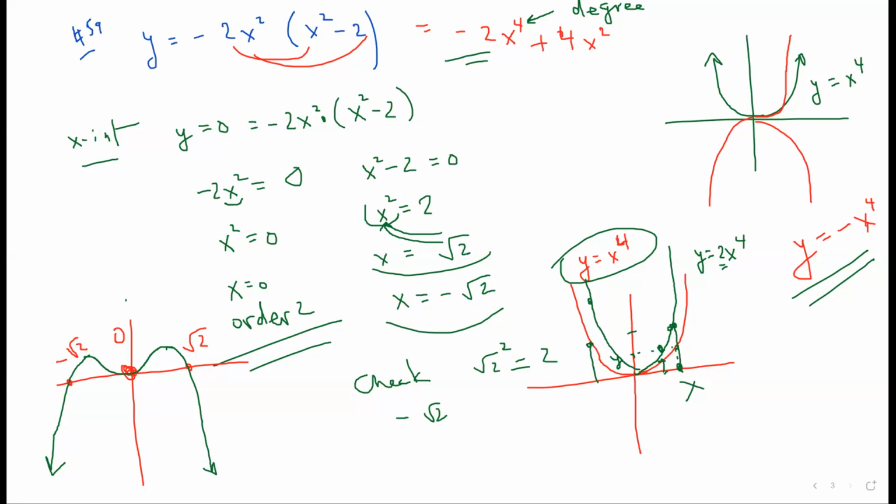Notice one very interesting fact about this graph. It is symmetric through y-axis, right? It's like a y-axis symmetry, and it's not surprising because this is a so-called even function.